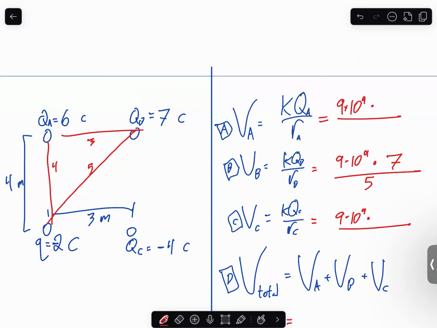Plug in and you get 12.6 times 10 to the 9, or let me make it smaller so I can fit it. That's not trig, that's Pythagoras. There are no sines and cosines there.